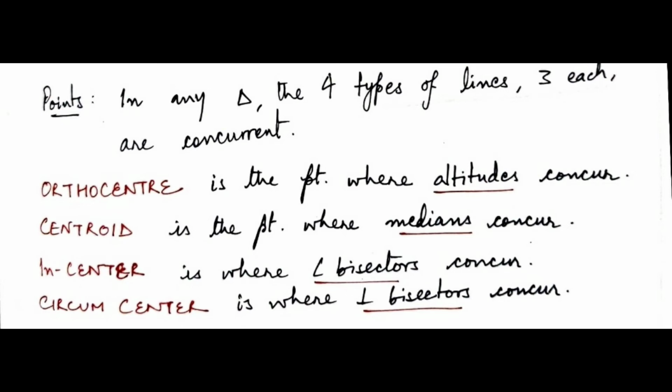Where the 3 medians meet is called the centroid. Where the angle bisectors concur is called the incenter, and where the perpendicular bisectors concur is called the circumcenter. And in an equilateral triangle, all these lines and points are the same.